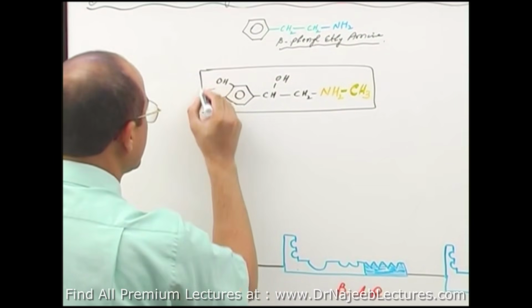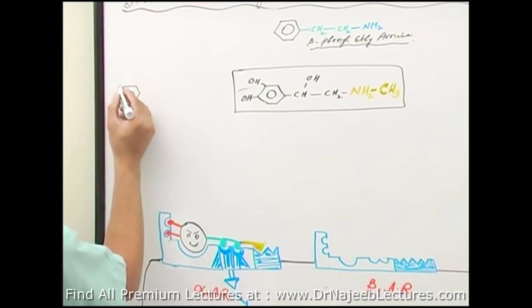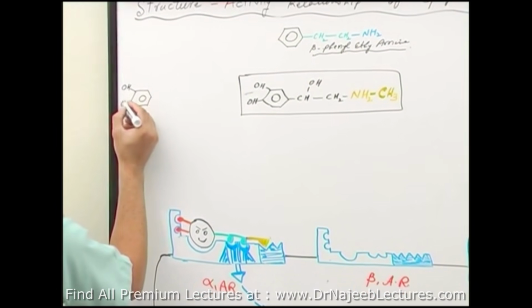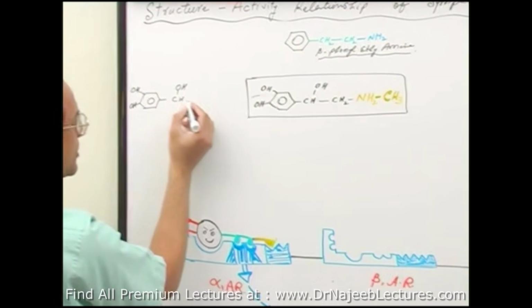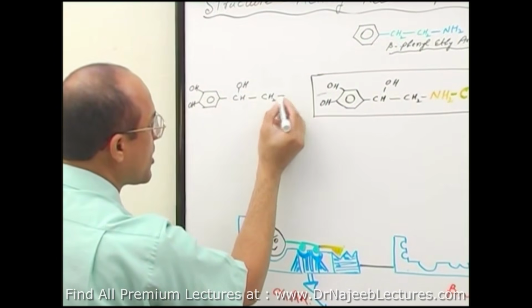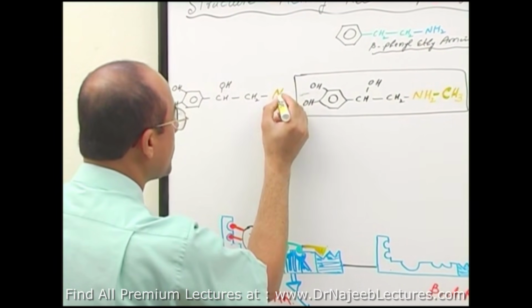I will make another compound here. Compare the structure. Benzene ring, look, double hydroxylation, so it is also going to be a catecholamine, CHOH, CH2 and only NH2.